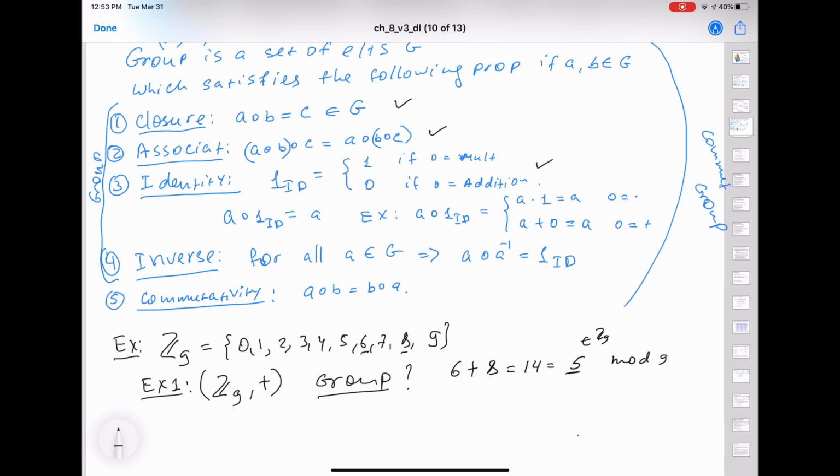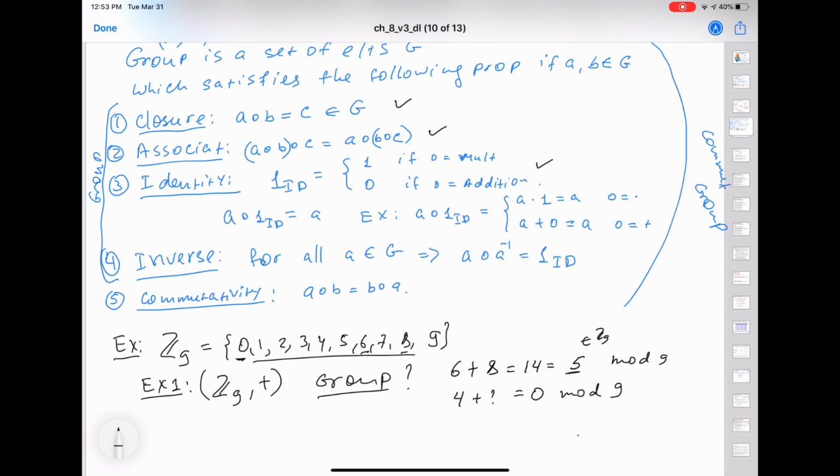Identity, we have it. Identity is 0 in here. Inverse, what does inverse mean? If I take any element from here, give me any element. Yes, 4. If I add it with something inside of this group, can I get 0 modulo 9? Absolutely, I can do it.